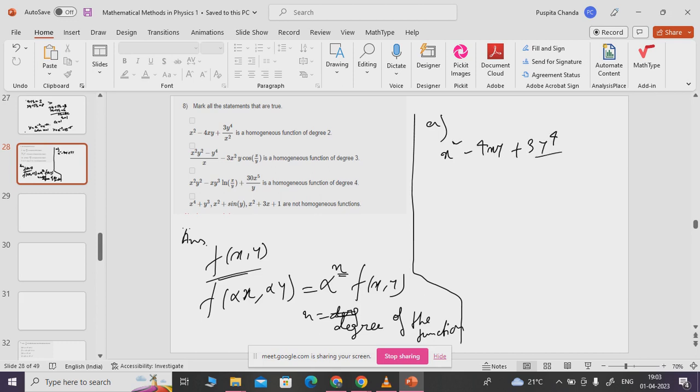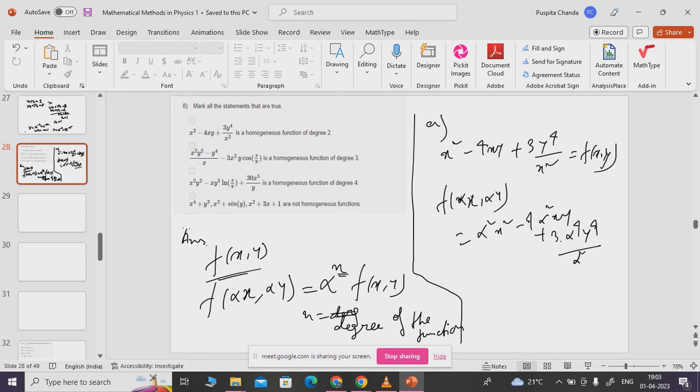The first one, a: x square minus 4xy plus 3y to the power 4 by x square. It is a function of xy. So the function of alpha x, alpha y will be alpha square x square minus 4 alpha square xy plus 3 alpha to the power 4 y to the power 4 by alpha square x square.